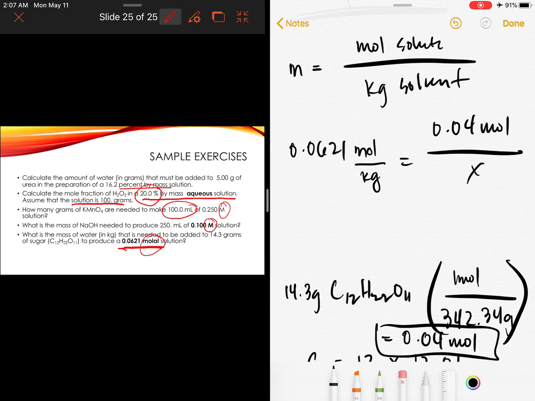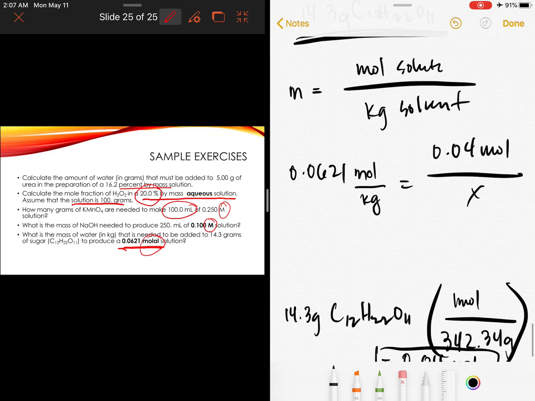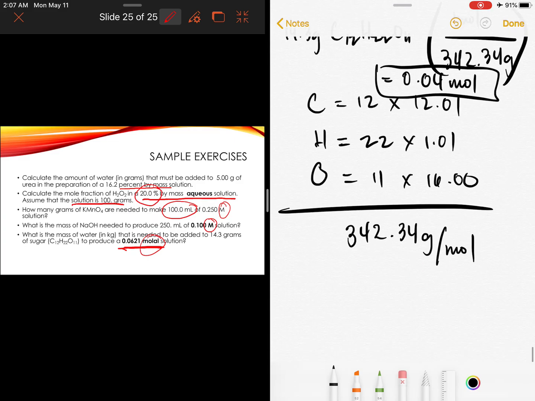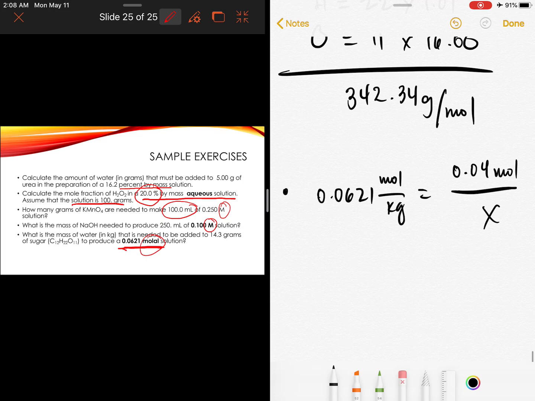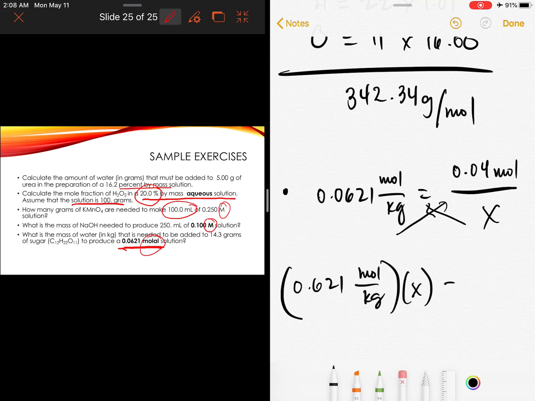So how do you manipulate this situation? Let me write this again here. 0.0621 mole per kilogram is equal to 0.04 mole over X. How do you manipulate this? First, you cross multiply. So 0.0621 molal, mole per kilogram, times X is equal to 0.04 mole.